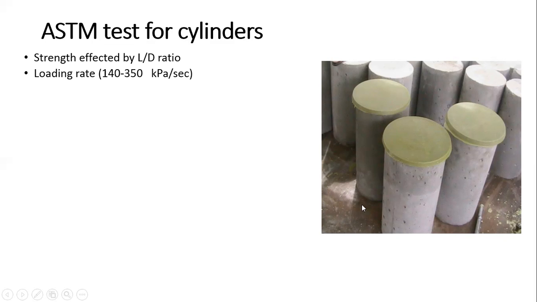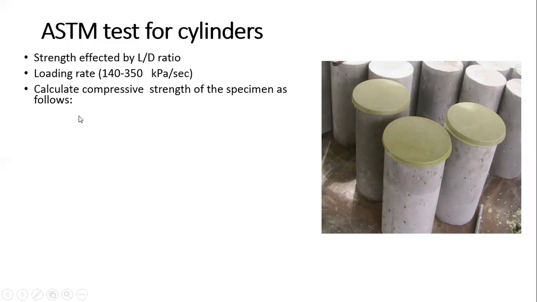Because the height is more, the strength of the cylinder comes out less as compared to cubes. I will discuss the factor after a few minutes. The loading rate used is 140 to 350 kPa per second.